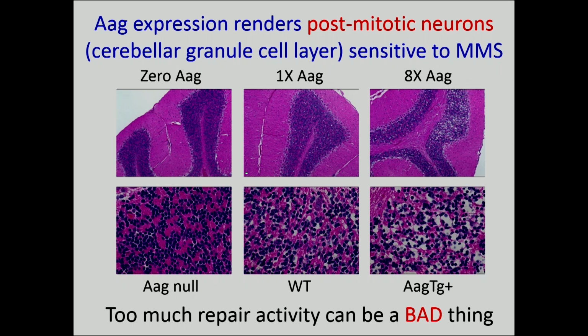In wild type, you have damaged cells dying in the cerebellum, and in the transgenic mouse, you have even more death. And so one might say here that too much DNA repair activity is a really bad thing. However, by too much, we're talking about the wild type level of DNA repair, not just in the transgenic.